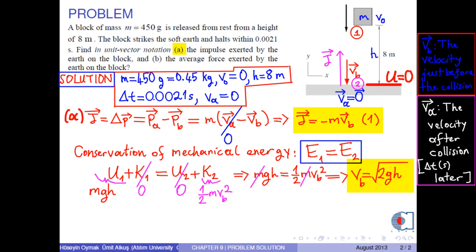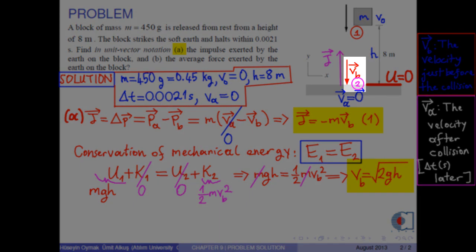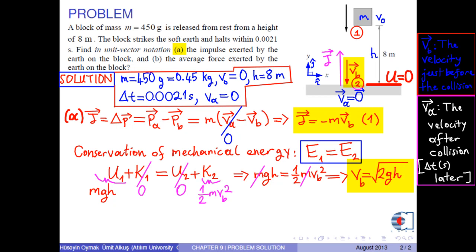The m's cancel, so we obtain the speed just before the collision as the square root of 2 g times h. And since this velocity points in the negative y direction, we have vector Vb as the square root of 2 times g times h times negative j hat, or negative square root of 2 times g times h j hat.